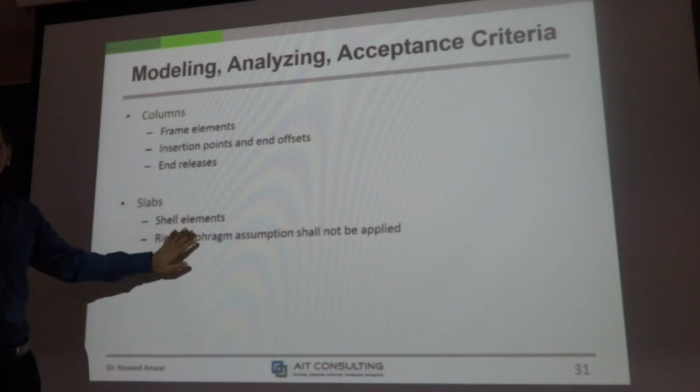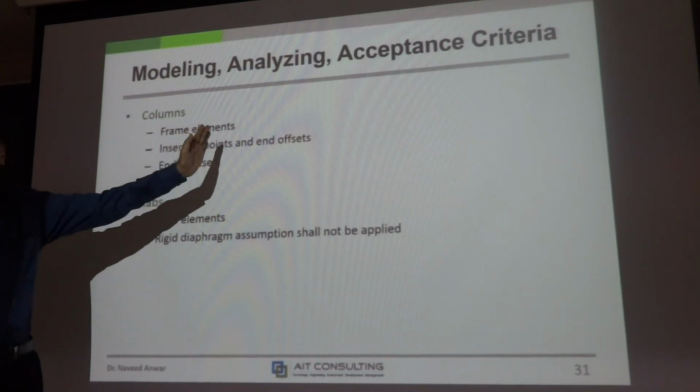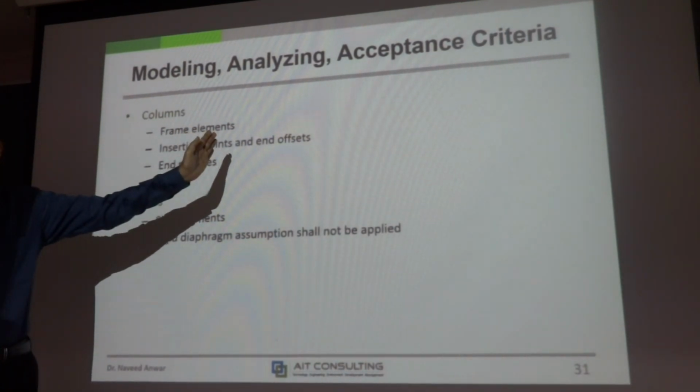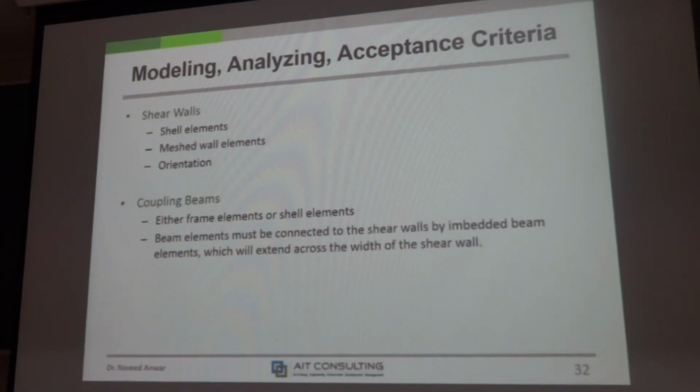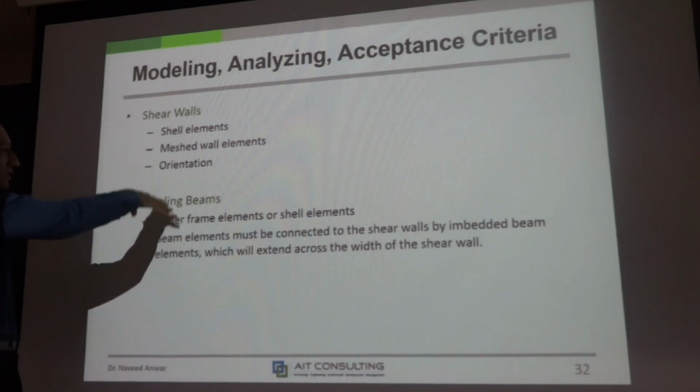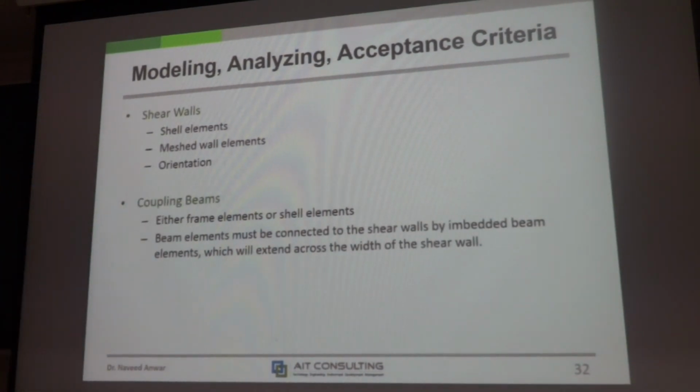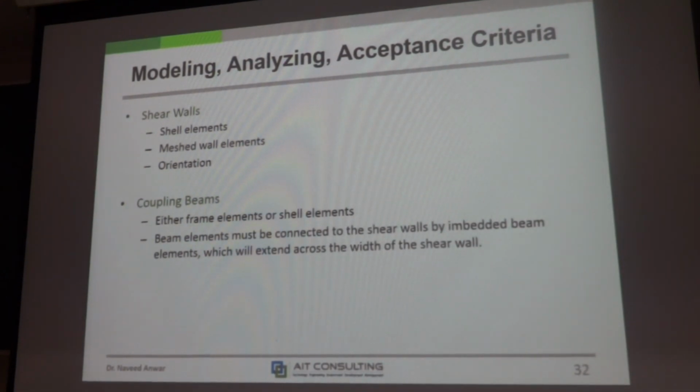So these are all going to be questions, but you need to clearly specify that I'm going to use this, and then stick with that. Shear walls: shell element, meshed wall elements, orientations, many questions. These are the questions that you need to answer at the time that you develop your criteria, so you understand what you're going to do, and everybody else understands what you have done and they can check the results accordingly.